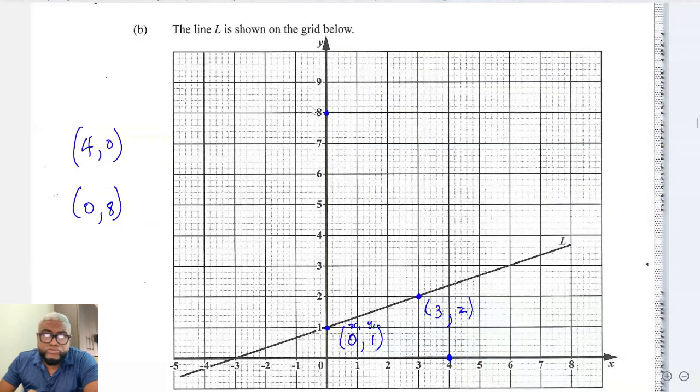I'm going to draw the line first and then I will extend it. So this line is Q. Everybody agrees? Label Q and L.